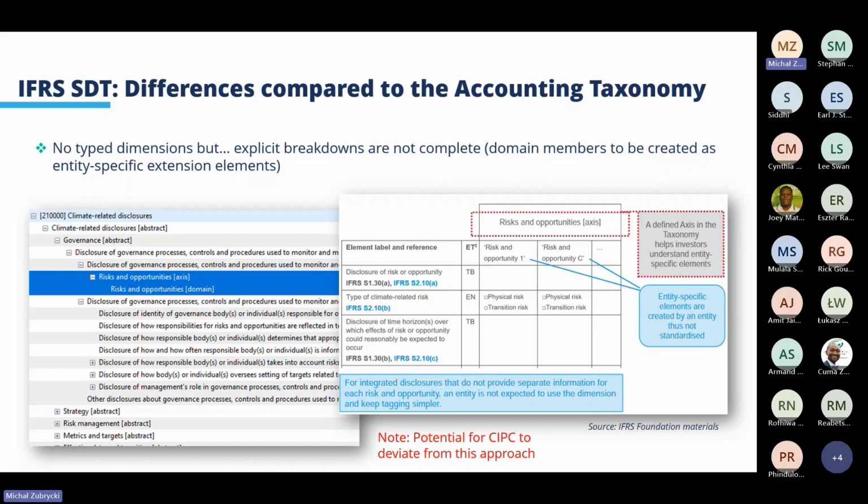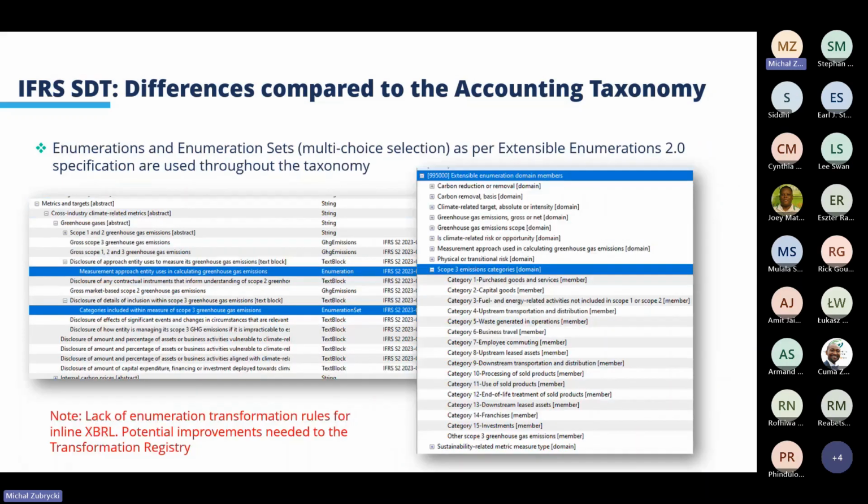Okay. So if there are no further questions, I will move on to the next difference that we have compared to the accounting taxonomy, which is the application of extensible enumeration and the specification in its version 2.0.